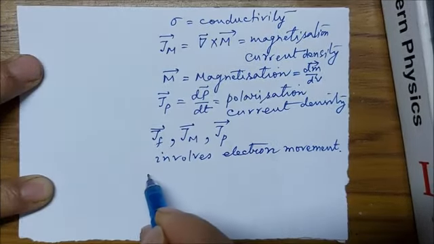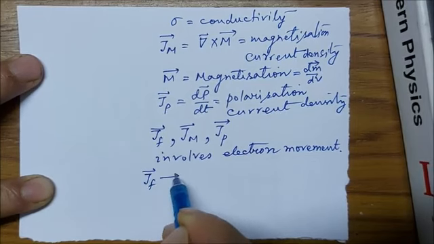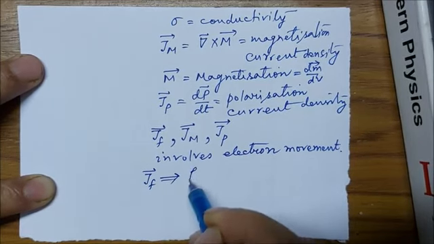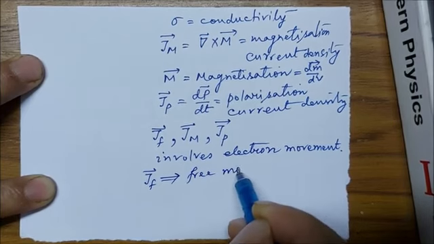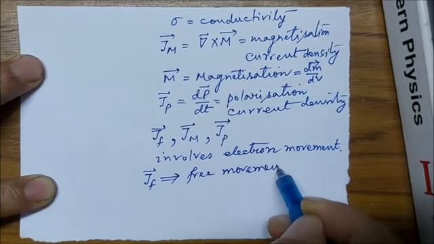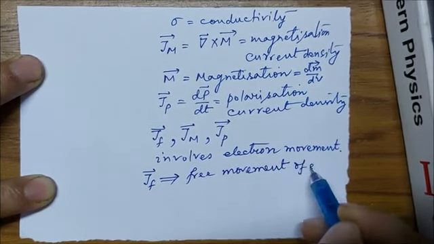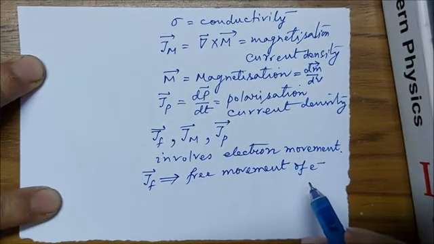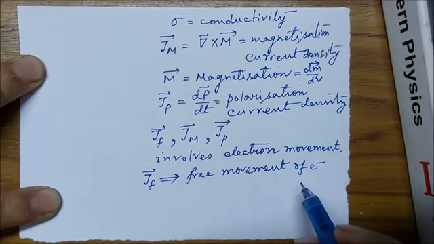For instance, Jf corresponds to free movement of electron, say electron running or moving along a wire.